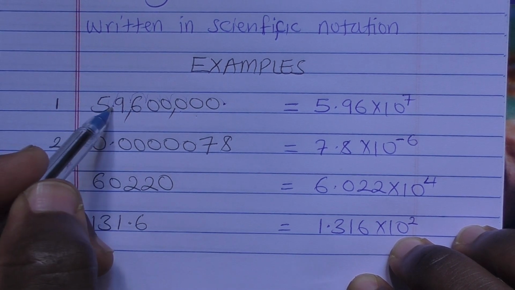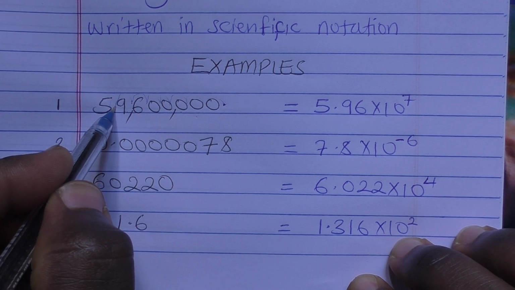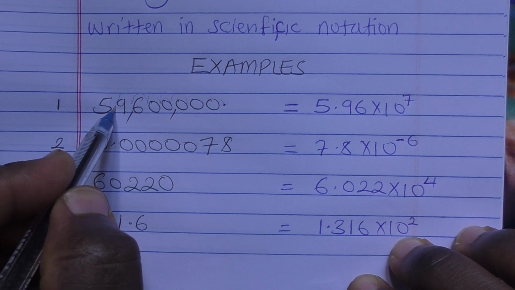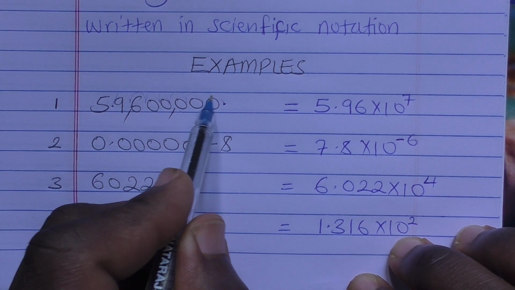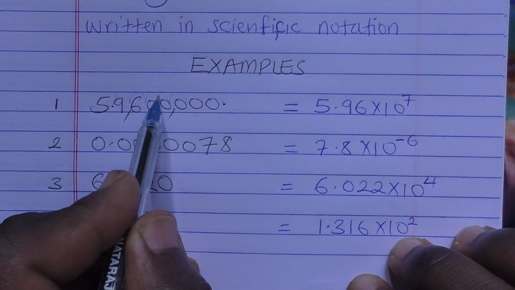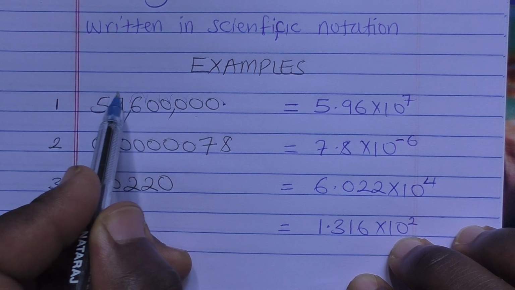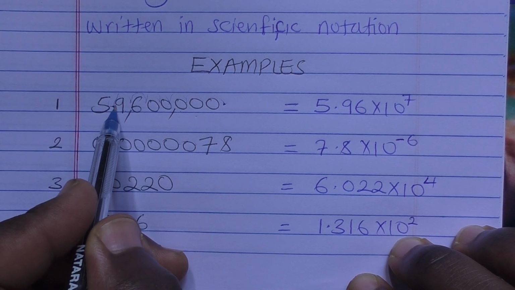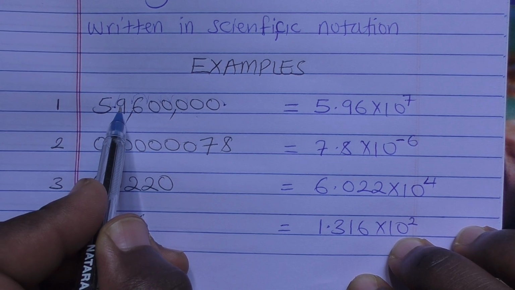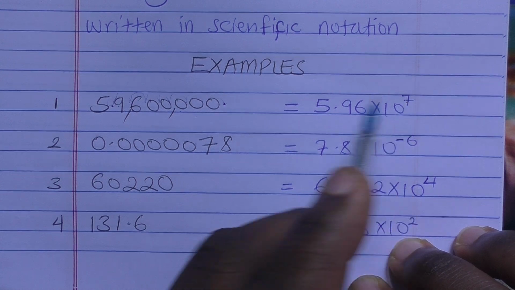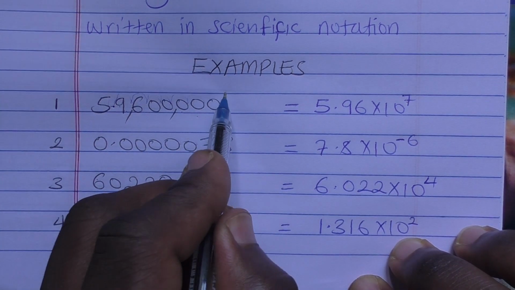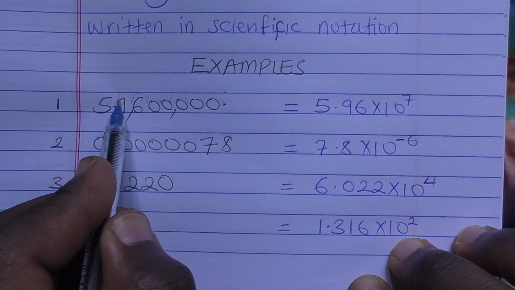So we shall move our point up to here, and then we shall count the steps that we have moved: 1, 2, 3, 4, 5, 6, 7. The number of steps we have moved becomes our power. And since we are moving from right to left, the power is positive.